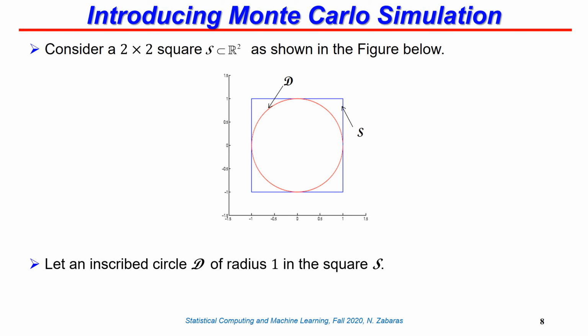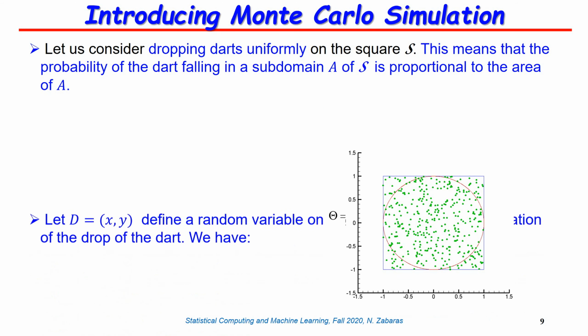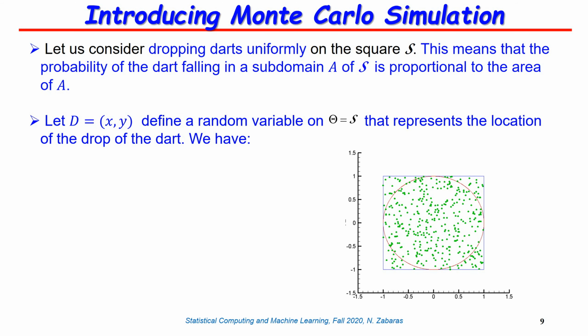So let me first define a random variable d that consists of these x and y, which are the locations in which a dart that I'm going to throw in this square is going to land. So d is a random variable, and I'm actually going to take it to be a uniform random variable defined on this square from -1 to 1 in both axes.